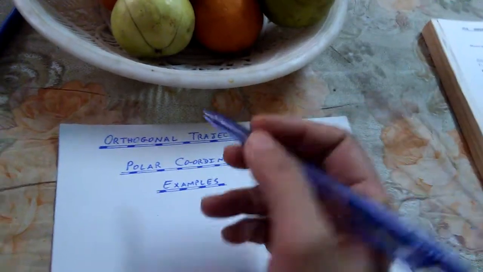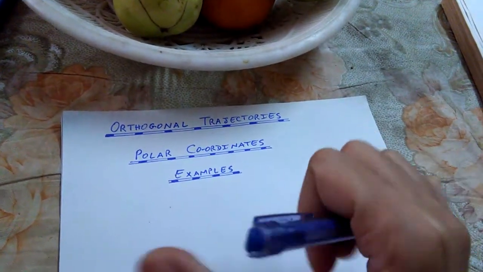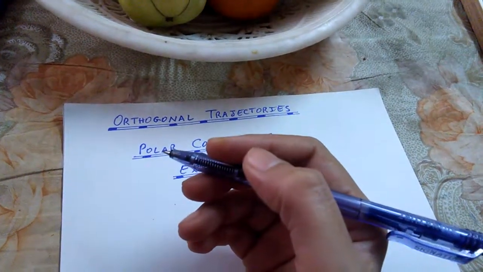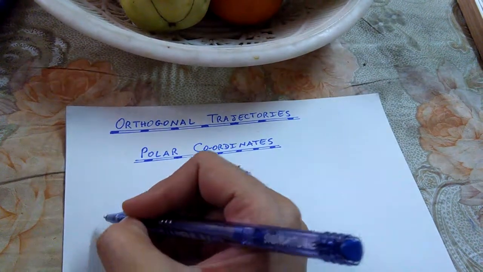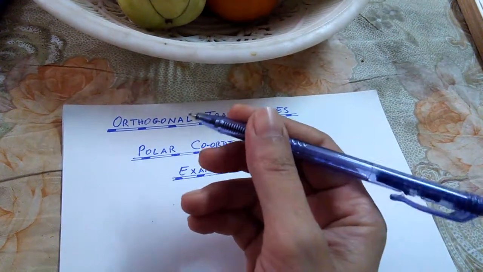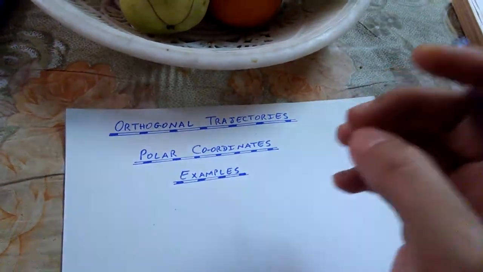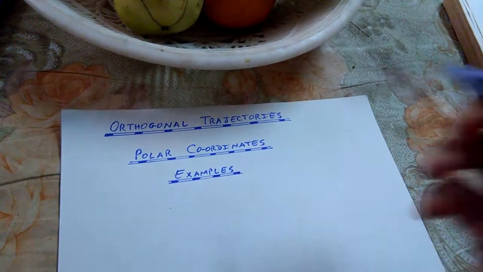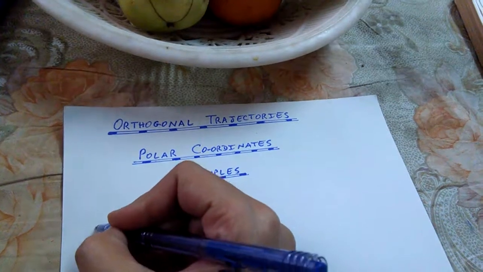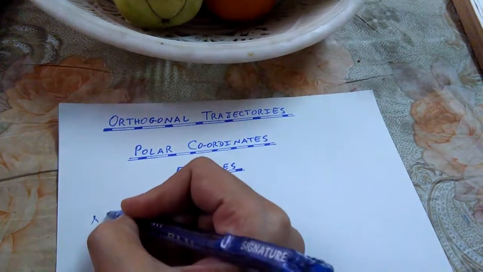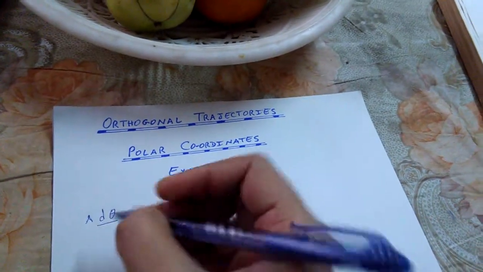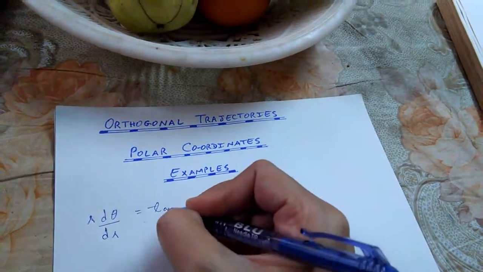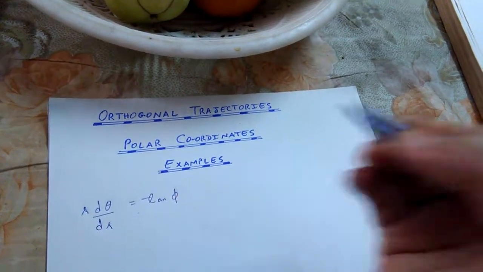Now in the previous video, we discussed that if we have a family of polar curves, the slope of that curve at any subjective point is actually the slope of the tangent that we draw there. The slope of the tangent at a point was discussed to be like this, and we just called it tan phi.